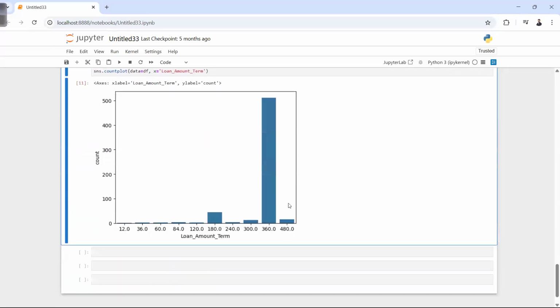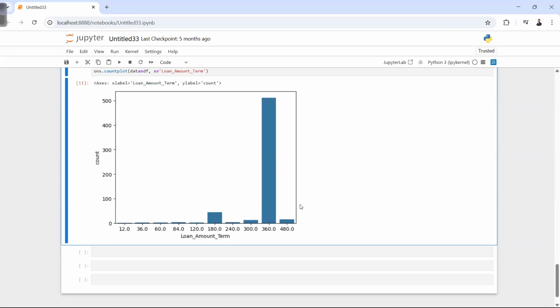And from here, what I am understanding is that the majority of my customers are opting for 360 months of loan. When you are taking any loan, you have to give the tenure, that I want the loan for these many years. So here also customers are saying, okay, I will be going with 30 years of loan. 360 months is 30 years, right?